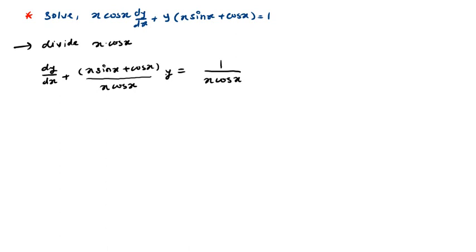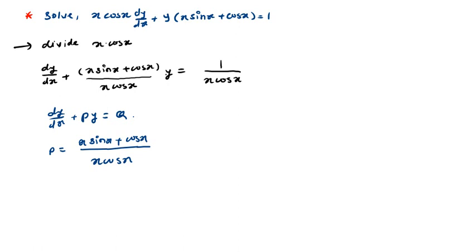Now to find the integrating factor, firstly, if we compare this with the standard form dy by dx plus p into y equal to q, we get p equal to (x sin x plus cos x) upon x cos x, and q equal to 1 upon x cos x.